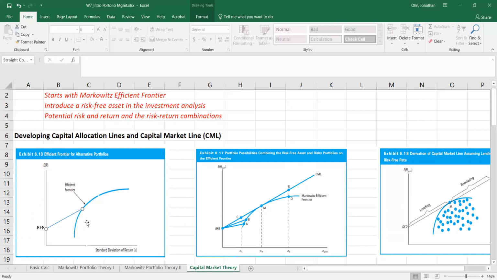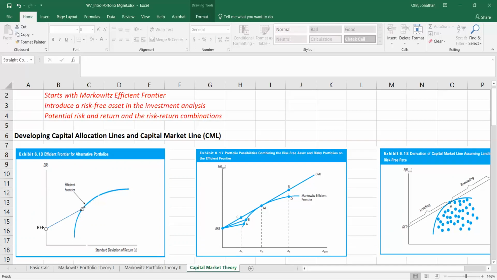So you combine the risk-free asset and one of the risky portfolios in your portfolio. The combination of this and this is on this line. This line shows every combination of the risk-free asset and this risky asset.